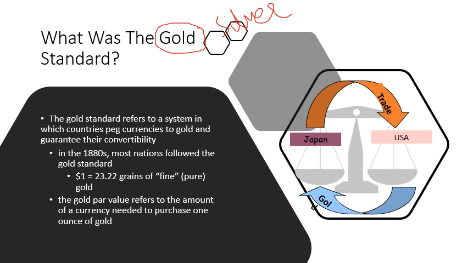For example, Japan produced a product and is sending it to its US customers. Now the USA, against the products received from Japan, will pay in gold or silver, mostly in gold.